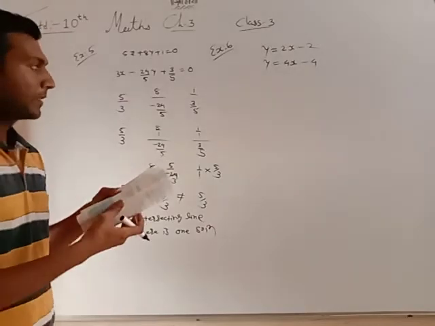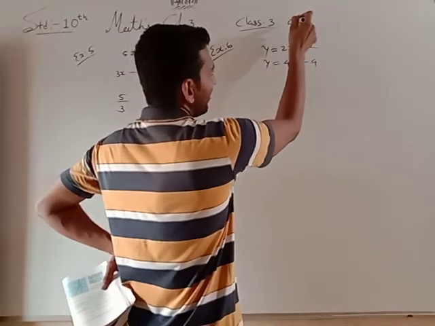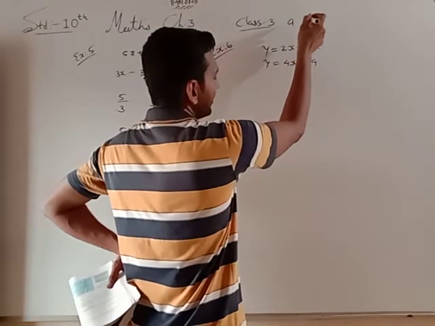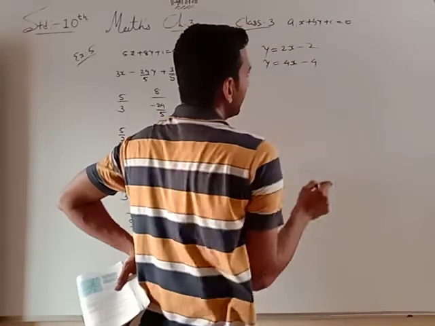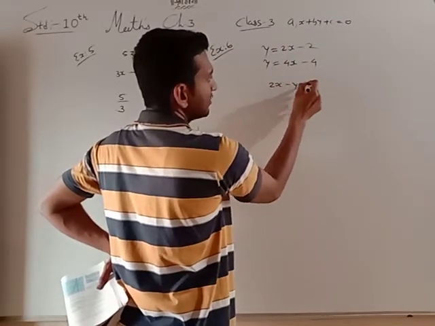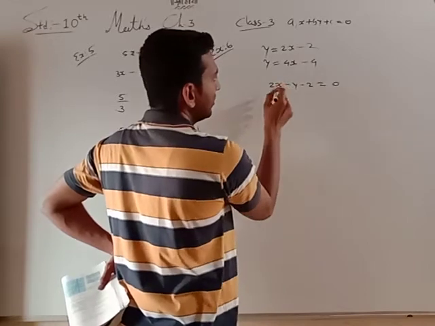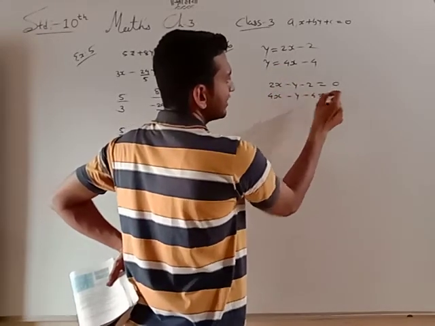Let's see. First arrange in a proper manner. You know the general form of a linear equation in two variables, ax plus by plus c is equal to 0. So y goes to the left side: 2x minus y minus 2 is equal to 0. In the second equation, 4x minus y minus 4 is equal to 0.